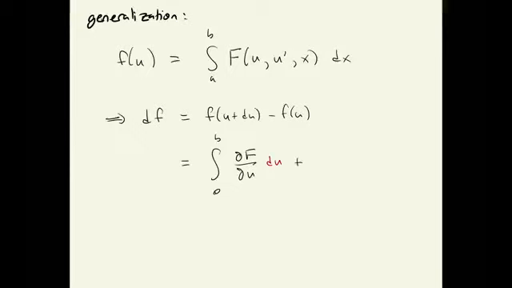There's also a term that looks like partial F partial u primed times du primed, times dx. And this sometimes confuses people. It's like, how can I take the derivative with respect to u, keeping u prime fixed, because obviously u and u prime are related. It really means the derivative of F with respect to the first argument. This is the derivative of F with respect to the second argument. And then you plug in u and u prime afterwards.